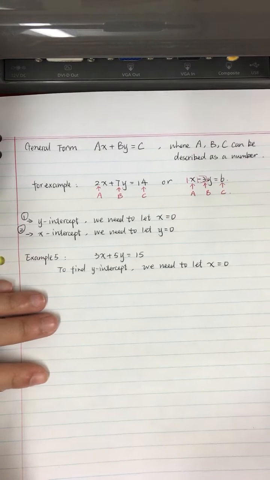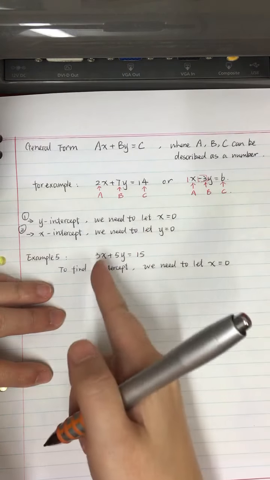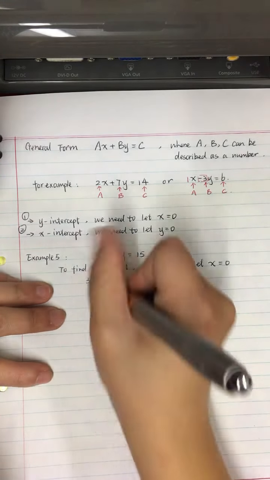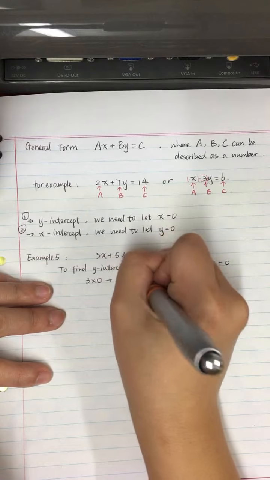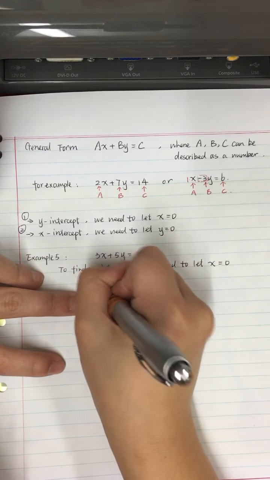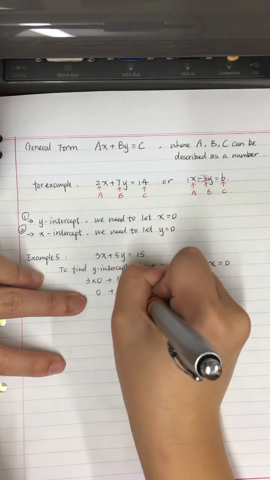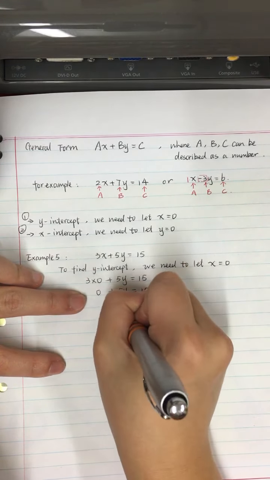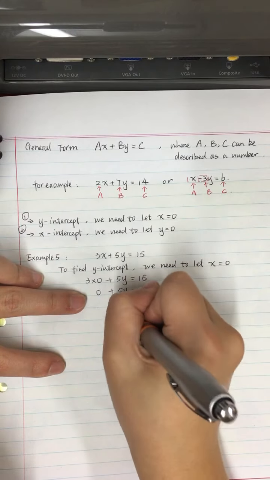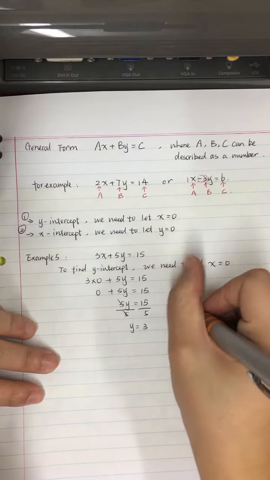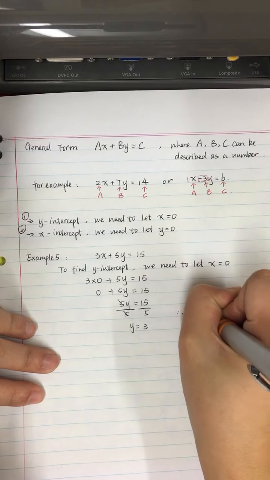In this case, substitute x equals 0 into that equation. So 3 times 0 plus 5y equals 15. 3 times 0 becomes 0. Then 0 plus 5y equals 15, and then 5y is equal to 15. Divide by 5 on both sides to get rid of that 5. y equals 3. So in this case, the y-intercept is 3.